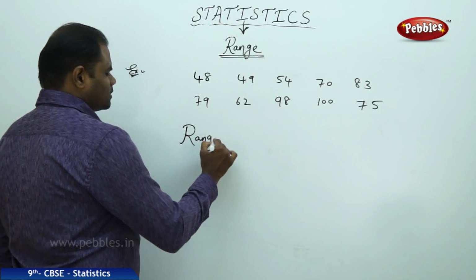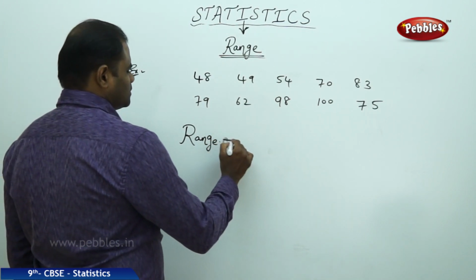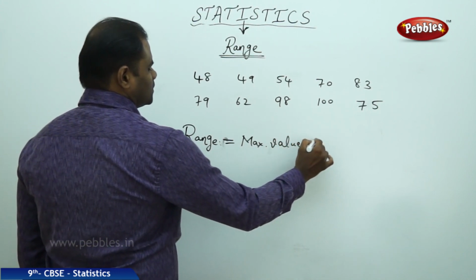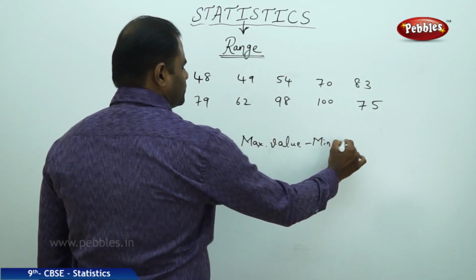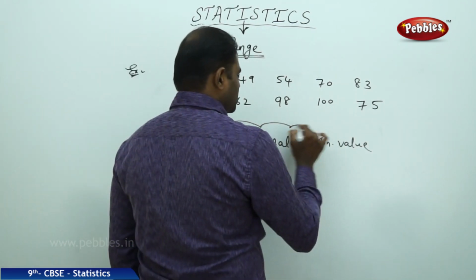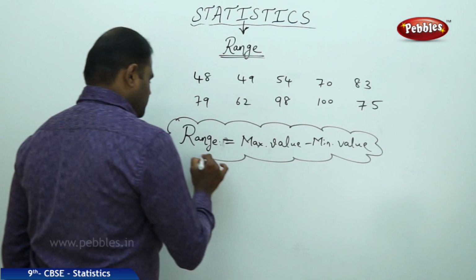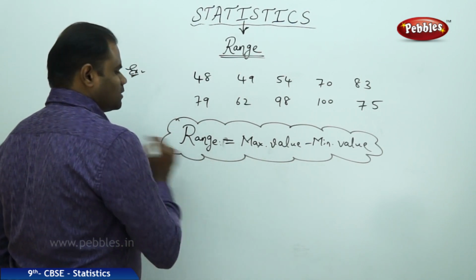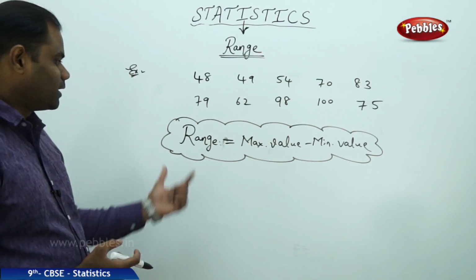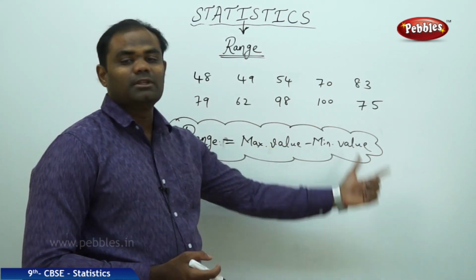A range is understood as the maximum value minus the minimum value. So the formula for range is max value minus min value.